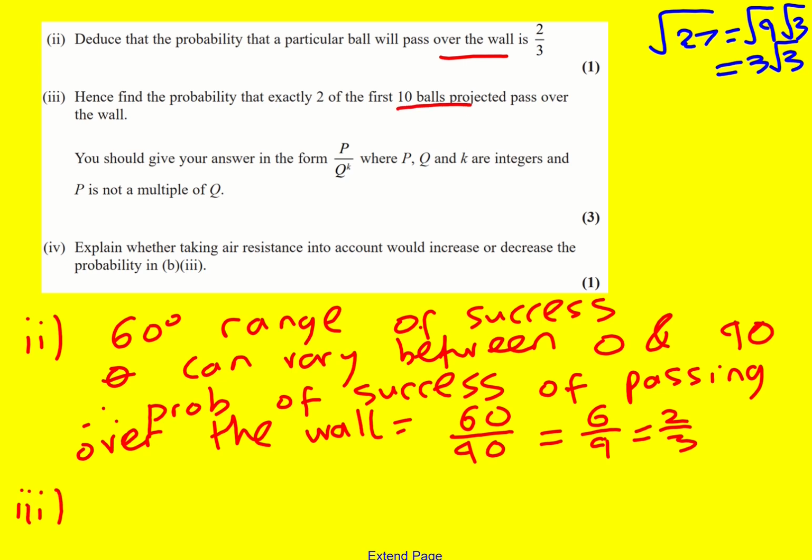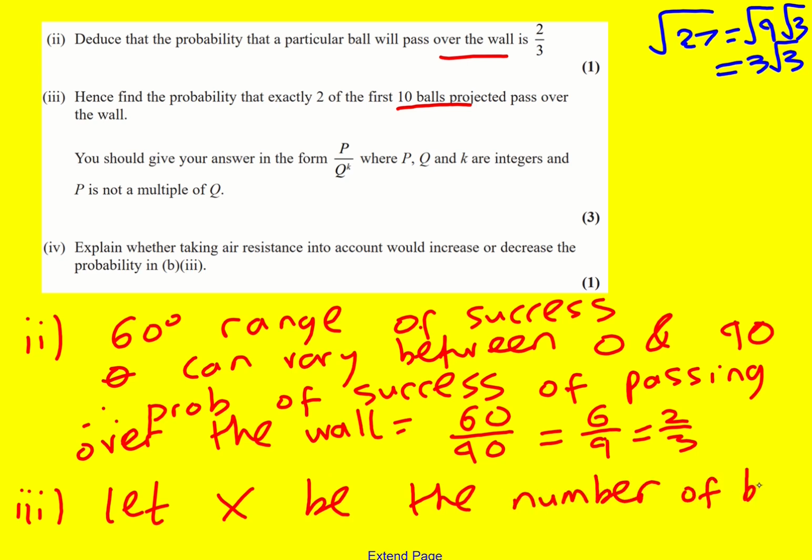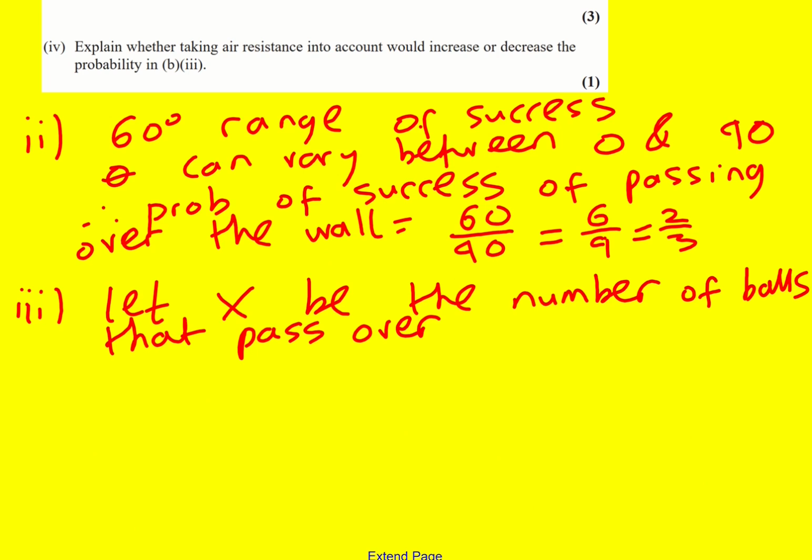We're going to fire 10 balls, so this becomes a binomial distribution. Let x be the number of balls that pass over. X follows a binomial distribution with 10 trials, probability of success 2 over 3.